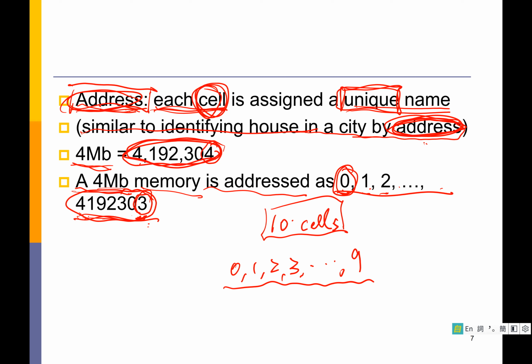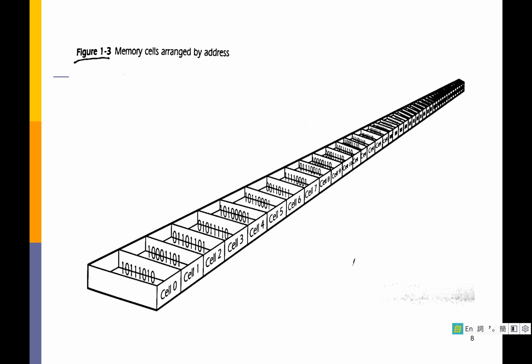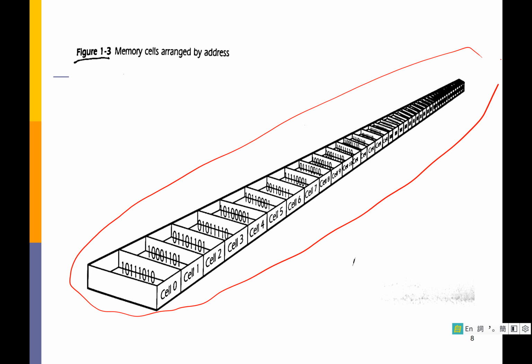The first one has address 0, the second one has address 1, the third one has address 2. Now you can conceptually imagine the memory space as something like this figure. This is cell 0, and in cell 0, we contain 8 bits.